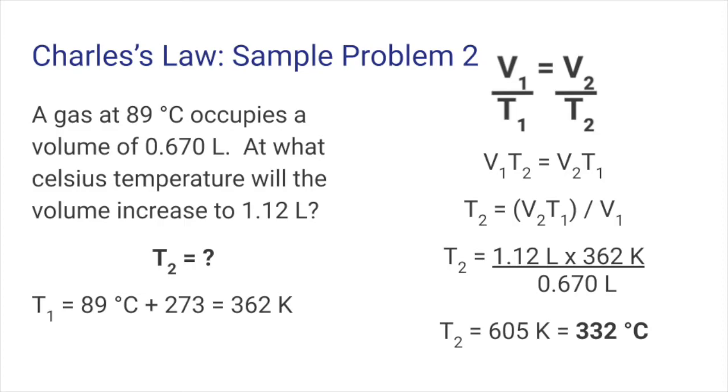Substituting the known variables produces 1.12 liters times 362 Kelvin divided by 0.670 liters, which is 605 Kelvin. Since the question wants the temperature in Celsius, I'll convert 605 Kelvin into Celsius by subtracting 273, which is 332 degrees Celsius.